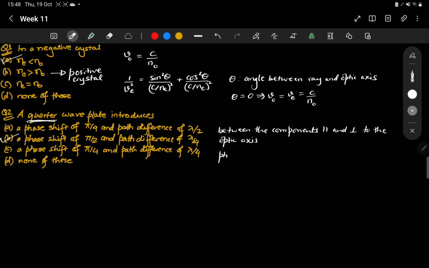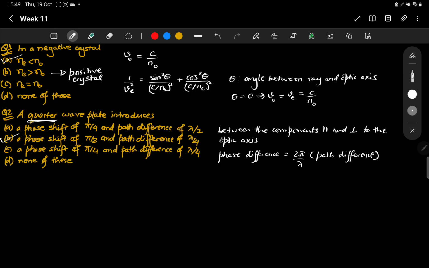And as you might recall, phase difference is equal to 2 pi by lambda times path difference. So even if you did not know what a quarter wave plate does, you could still select the correct option by eliminating the incorrect options.